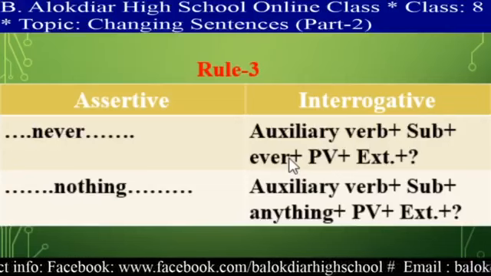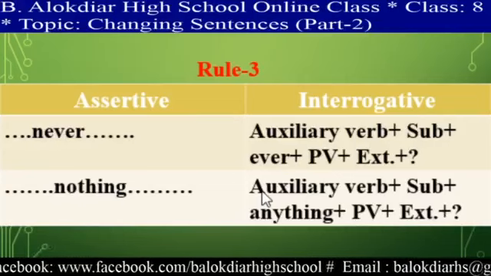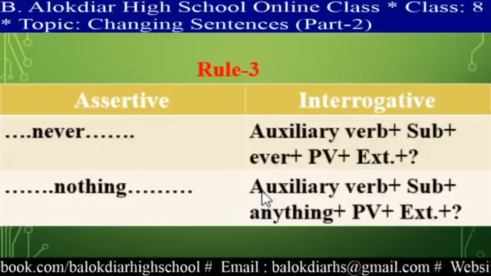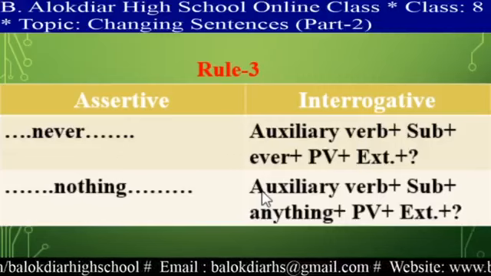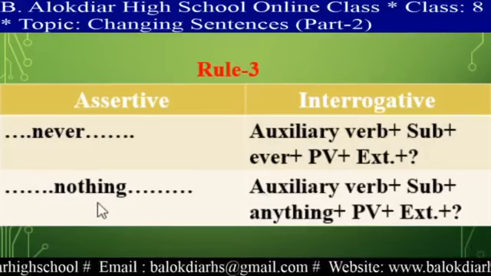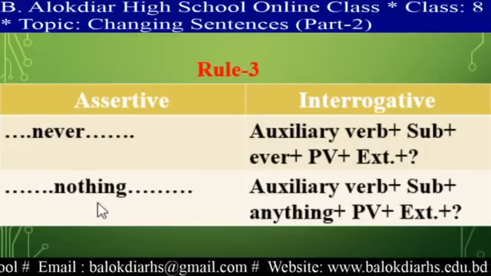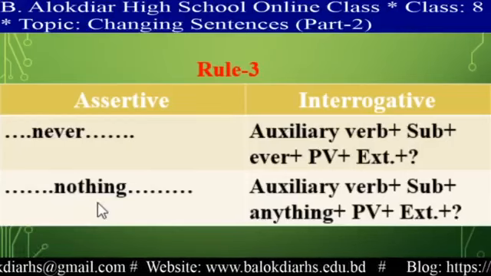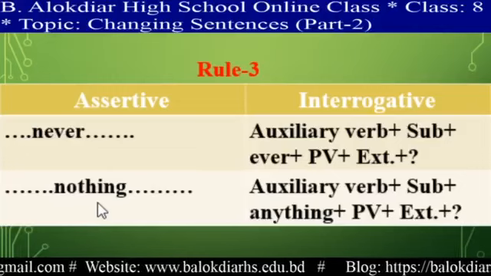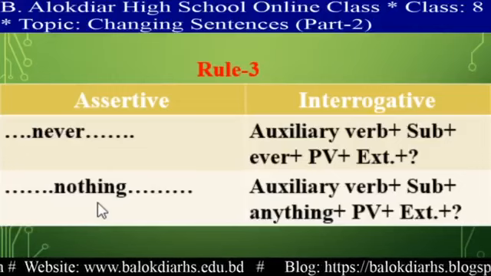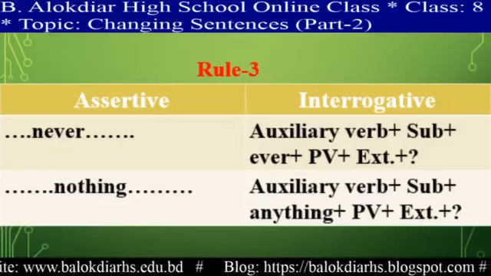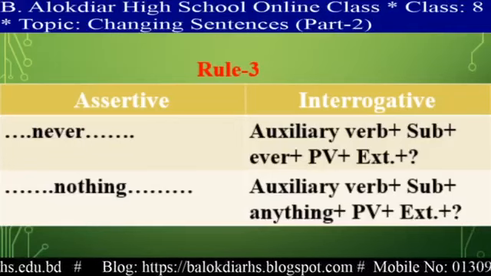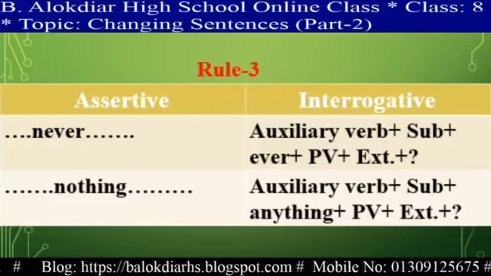So, the full structure is at first auxiliary verb according to tense and person, plus subject plus anything instead of nothing plus principal verb plus extension plus note of interrogation. So these are the rules. I think, dear learners, you all have understood these rules. Please take a screenshot of these rules. It is a very important rule for changing assertive to interrogative sentences for class 8.